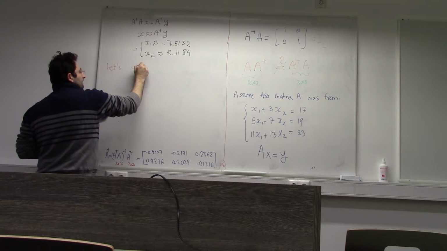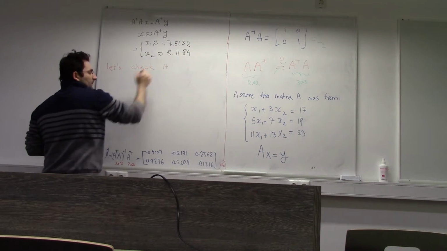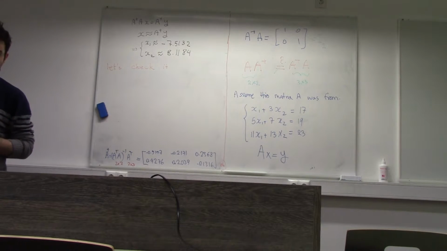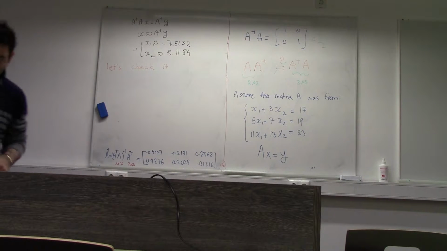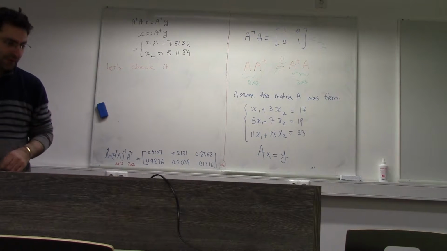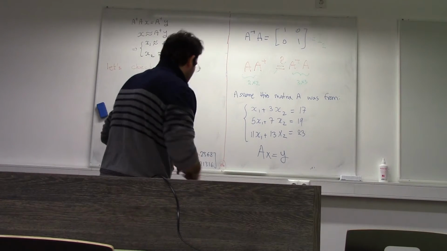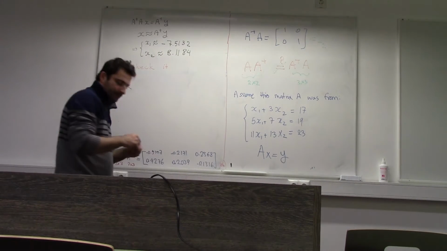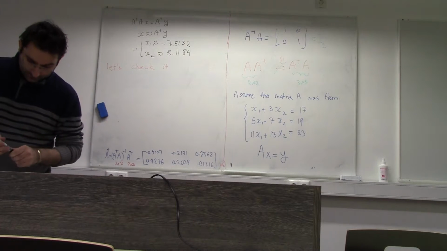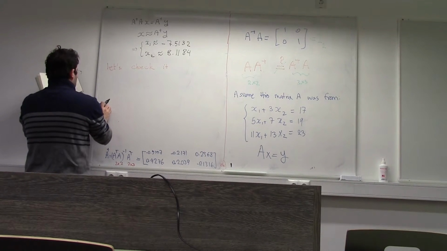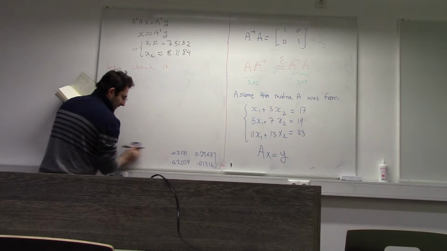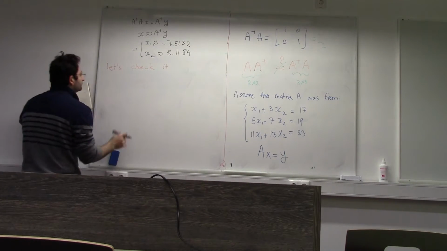Let's check it. How do we check the answers? We substitute them into the equations. We had 3 equations and we substitute them back in there. I erase this line also, we already have it.